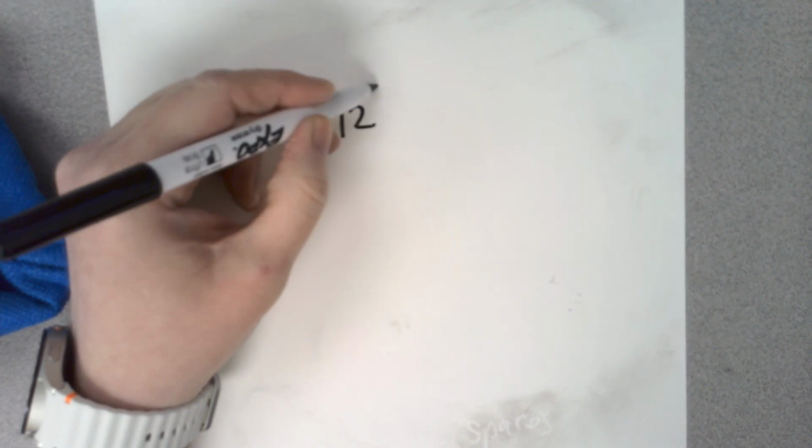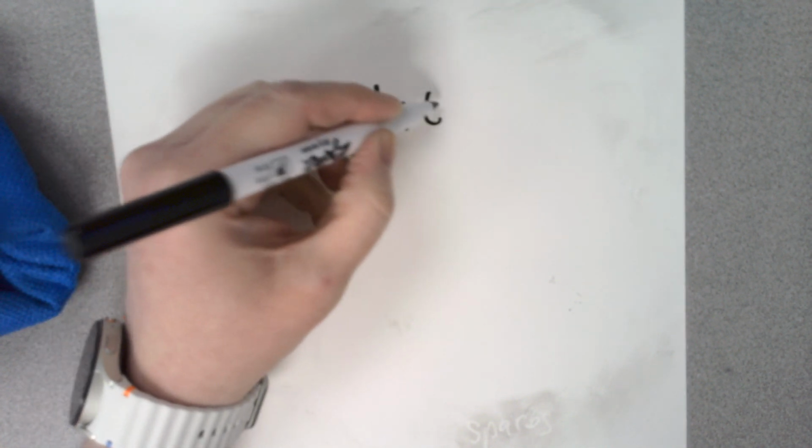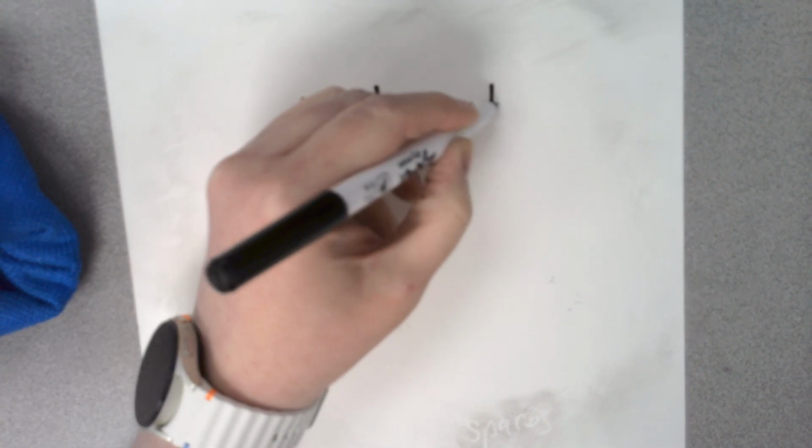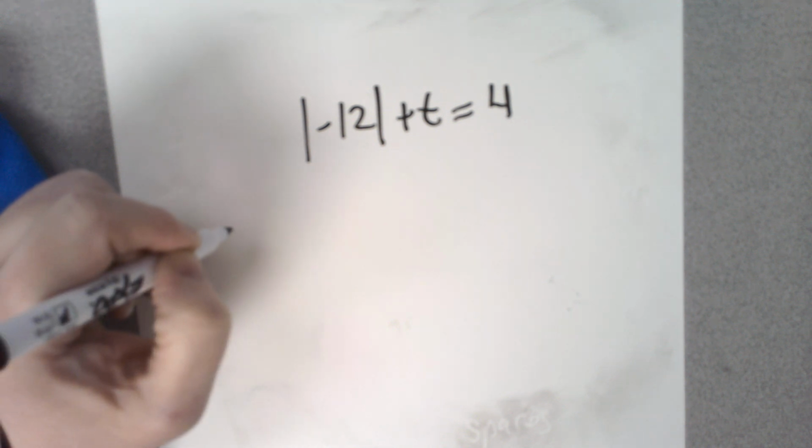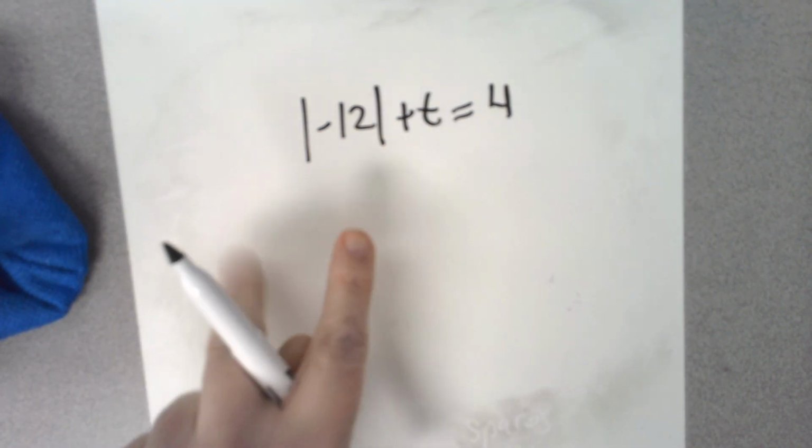So then we're going to look over here and see what else we got to do. Don't forget you need to do your order of operations. So if you saw something like the absolute value of negative 12 plus t equals 4, the first thing you want to do is get rid of the bars.